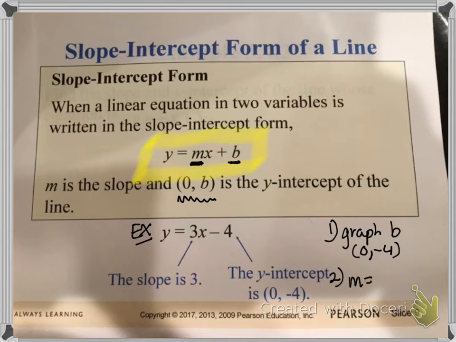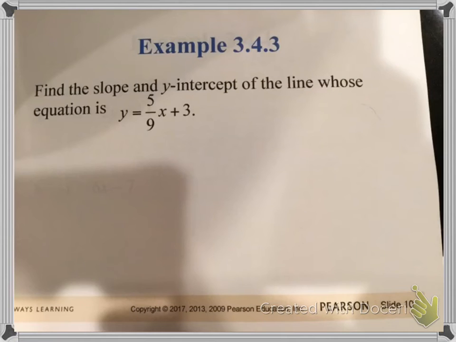Now m equals 3. I need to write that as a fraction when you graph because remember your slope is rise over run. So to graph the second point, I would go 3 units up from there and 1 over to the right. So that was just a quick review on how we would graph a line in y equals mx plus b.